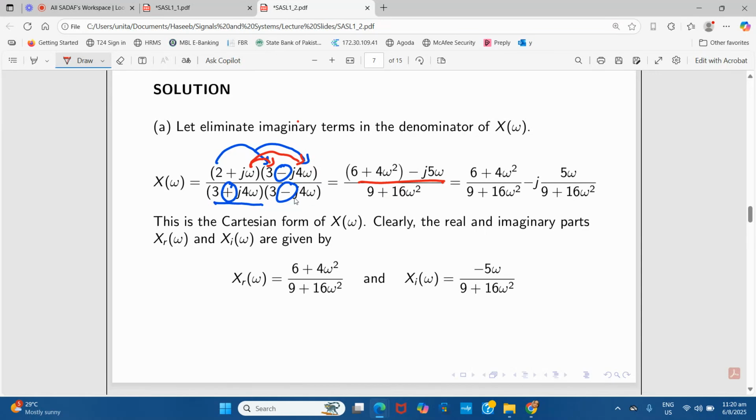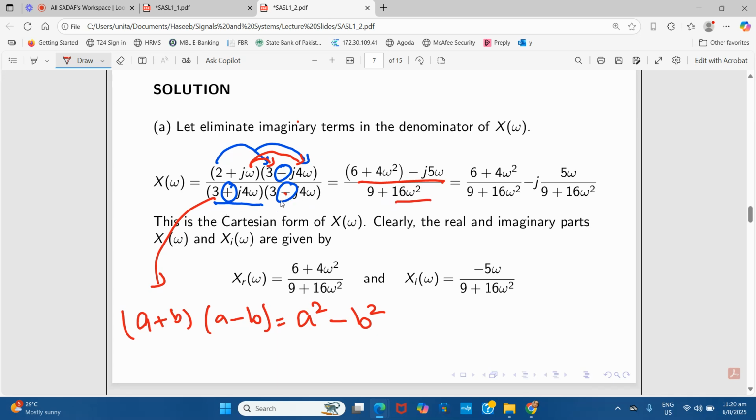In the denominator, the formula applied is that a plus b times a minus b equals a square minus b square. The same thing here, so you will get plus here, minus here. And 4 4s are 16, w squared, 3 3s are 9.